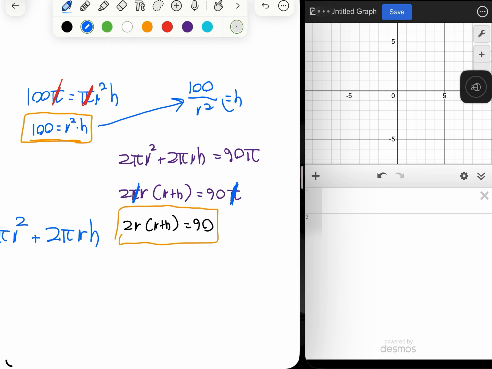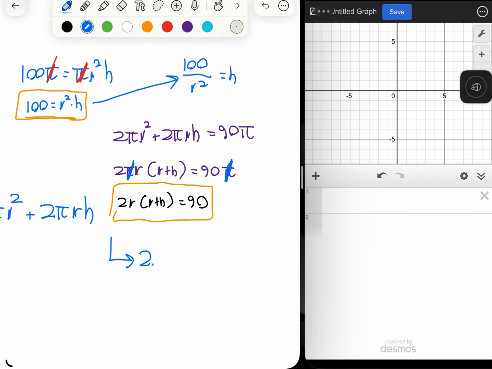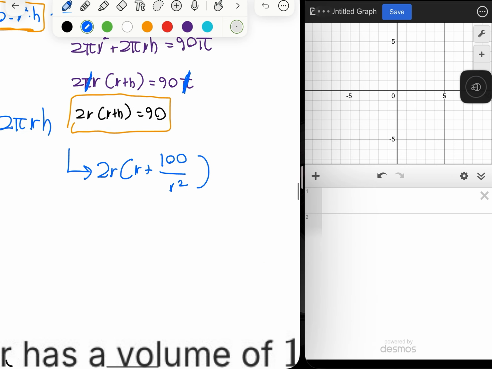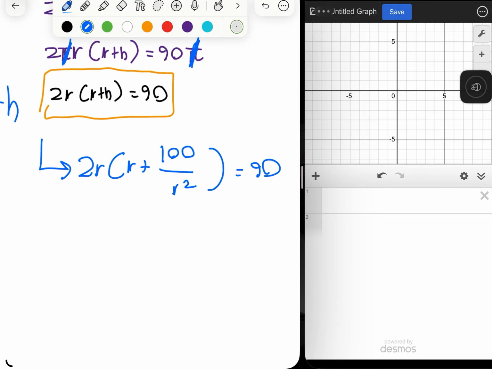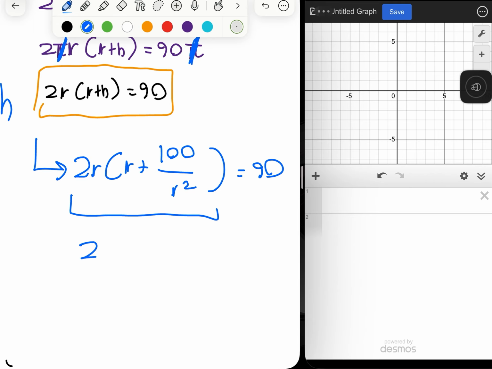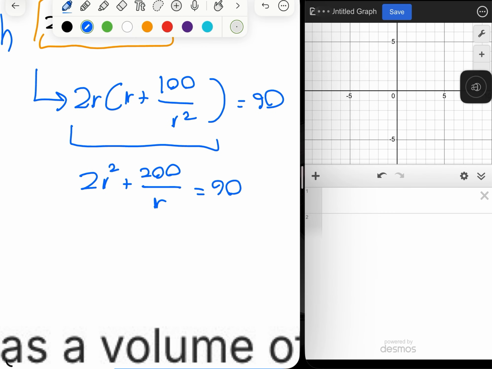And then we can plug in the h into this, so that we get 2r times r plus 100 over r squared equals 90. Of course, you don't have to simplify, but this right side here becomes 2r squared plus 200 over r equals 90. So now we have everything in terms of r, so let's solve for r.